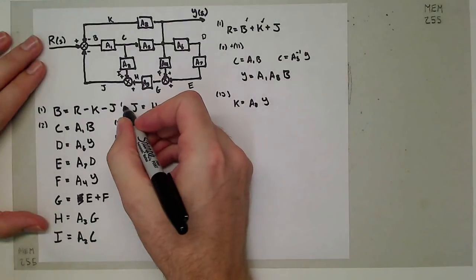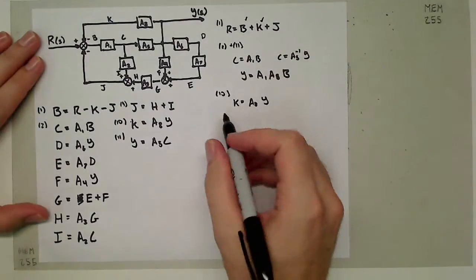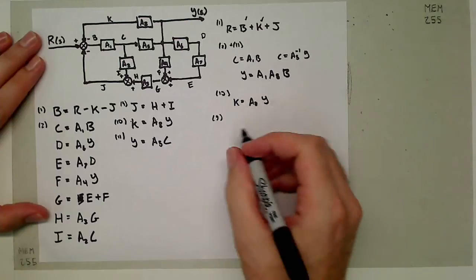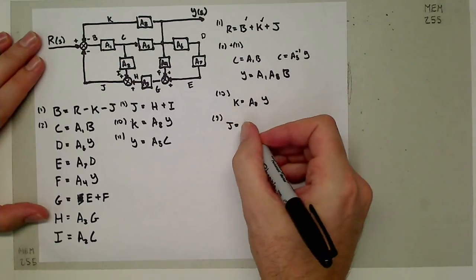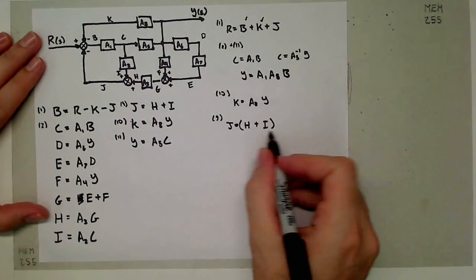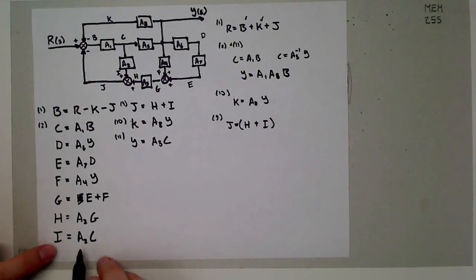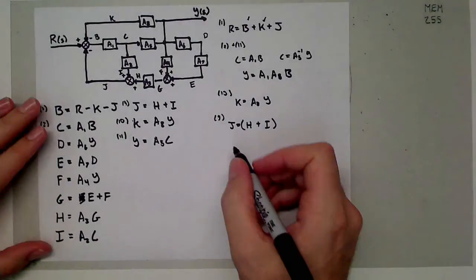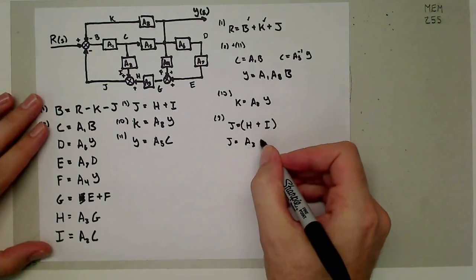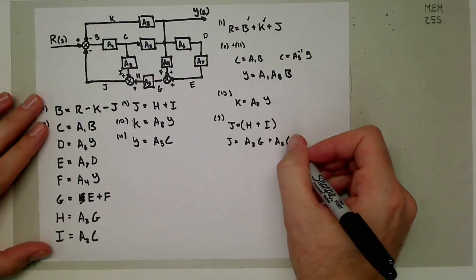Just using 9, and we're going to end up using everything else in this process. Using 9, I have J is equal to H plus I. So H is equal to A3G, and I is equal to A2C, so J is going to be equal to A3G plus A2C.